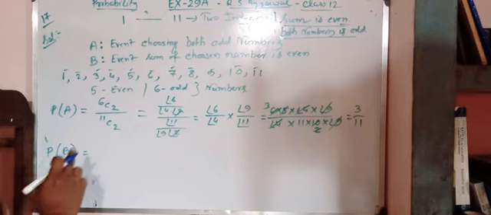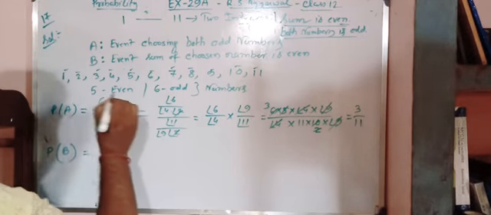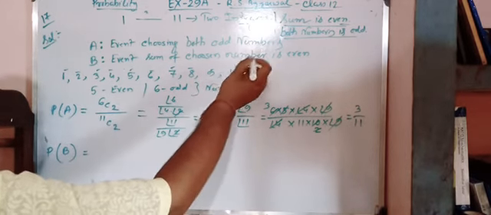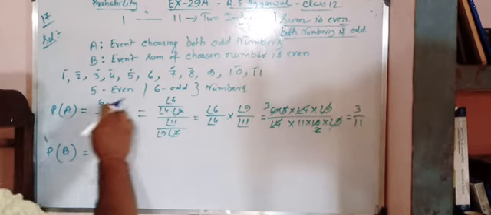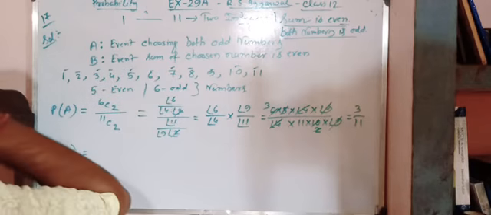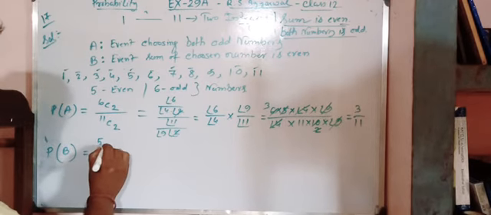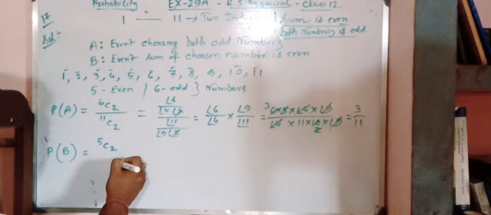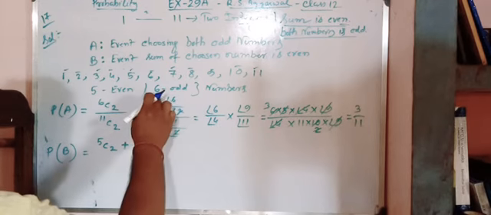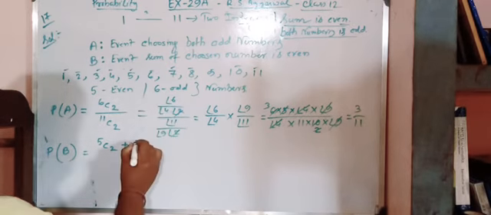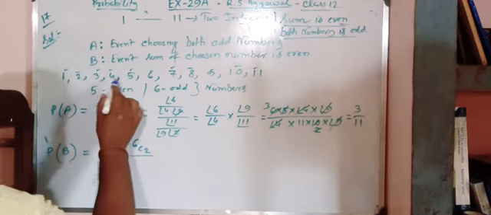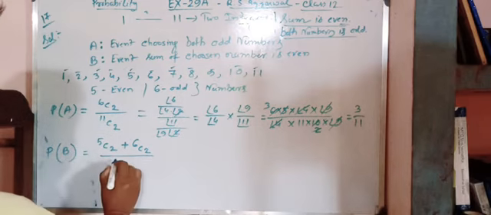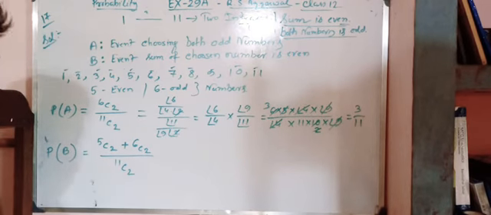We can choose these two numbers from 5 even numbers or 6 odd numbers. From 5 even numbers we can choose in 5C2 ways, plus from 6 odd numbers in 6C2 ways, divided by the total, from 11 numbers choosing 2 in 11C2 ways. Hope you are able to understand it.